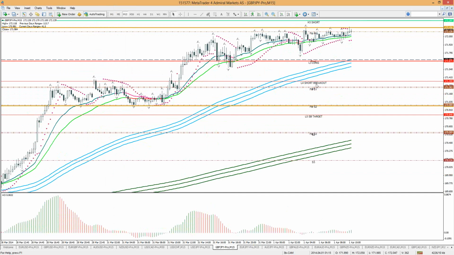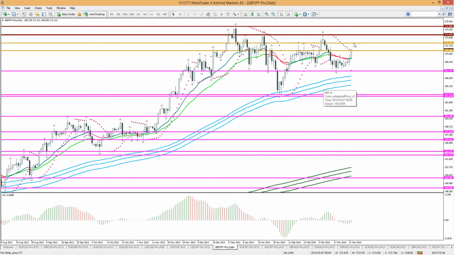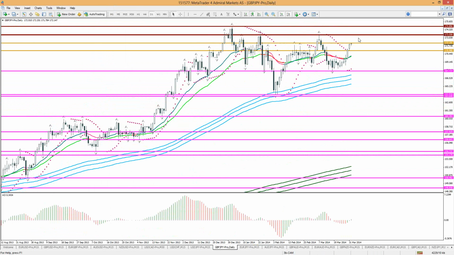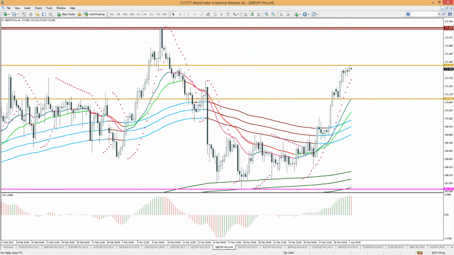How much space do we have above the euro yen? Well, we have a daily fractal at 173.55. So if we break yesterday's high, there's certainly some space up to that high, the daily fractal here. And there could be a breakout space in this region right in here.